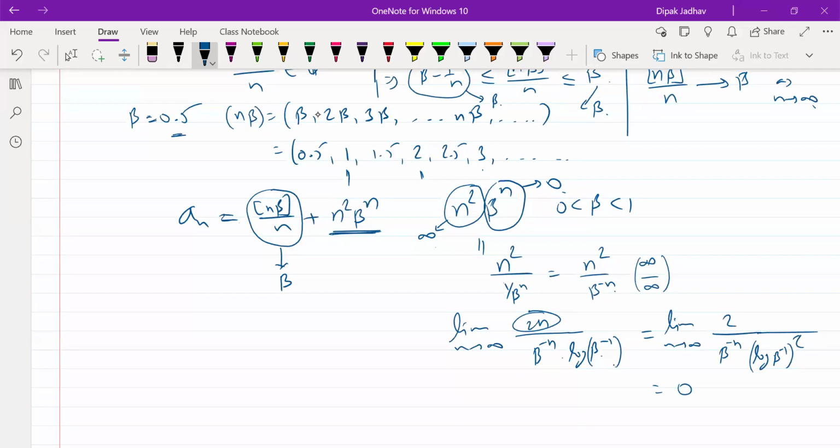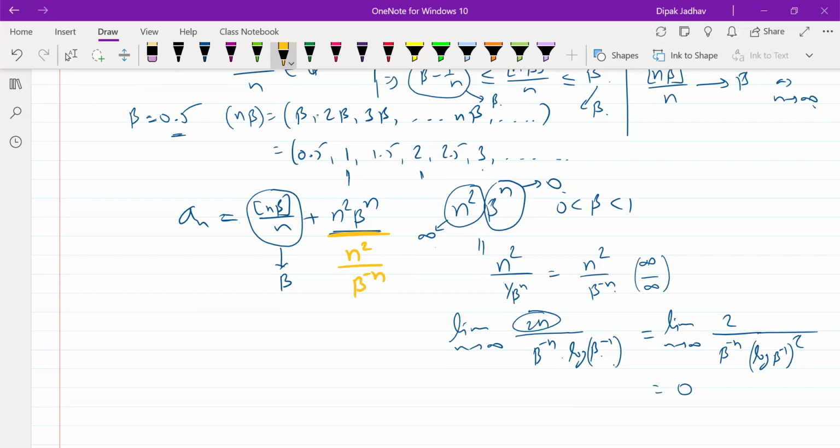You can also observe like this. This term is n square upon beta raised to minus n.